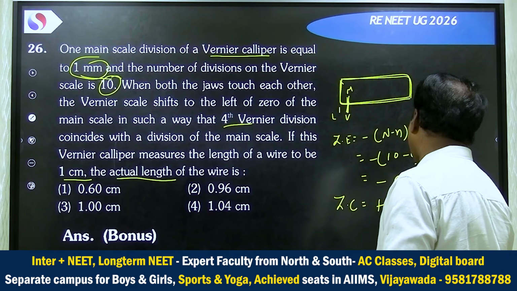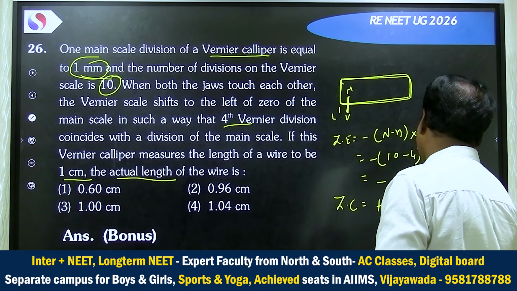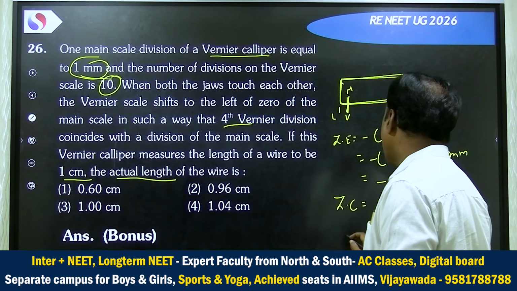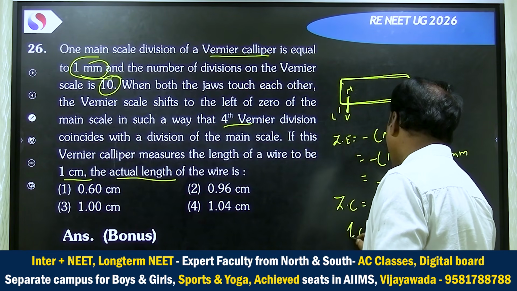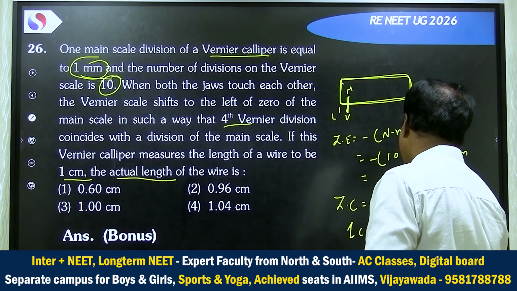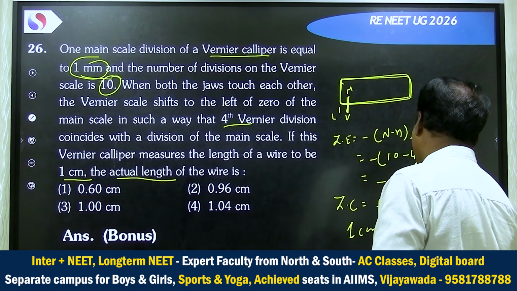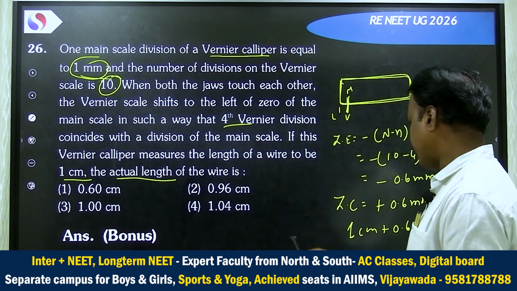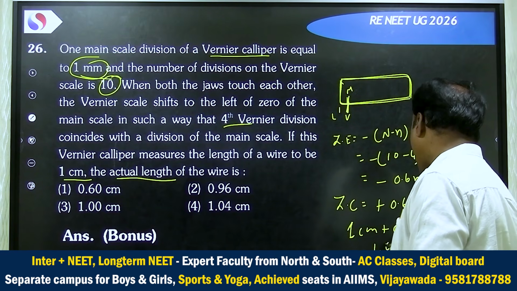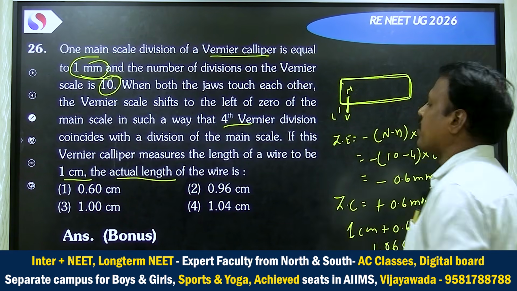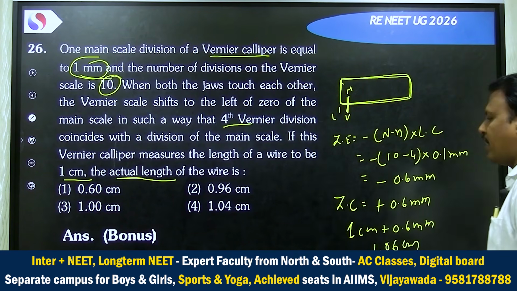So the zero correction will be 0.6 mm. So the final reading is whatever you measured, 1 centimeter, plus the correction that is to be added. Finally, it comes like 1.06 cm. Nowhere can we find this answer.